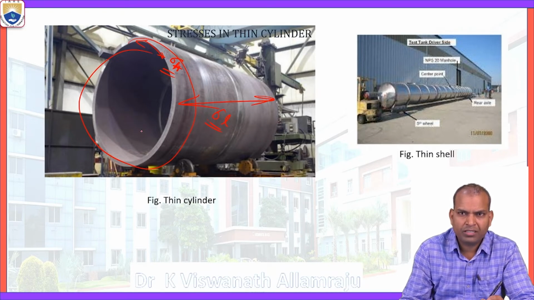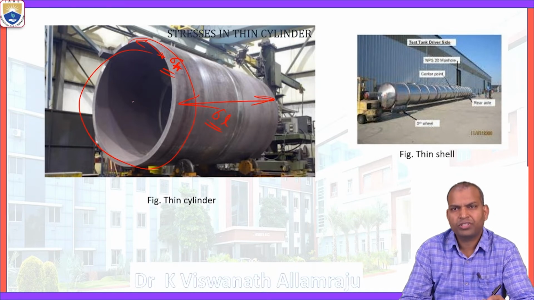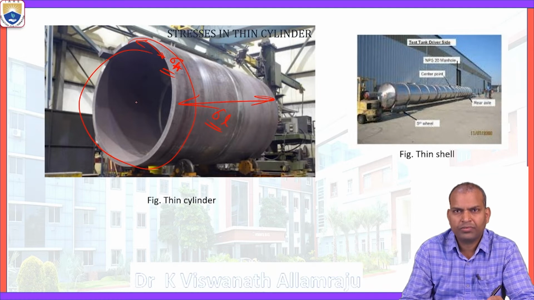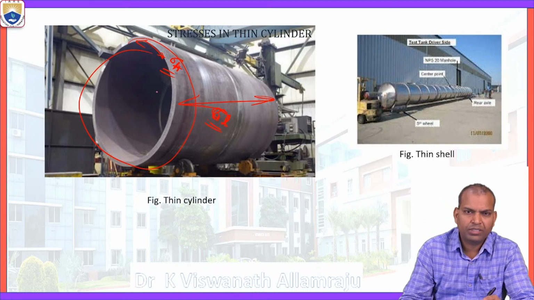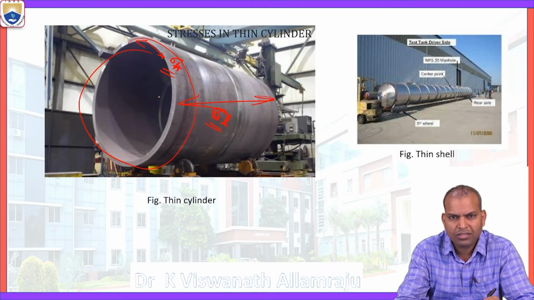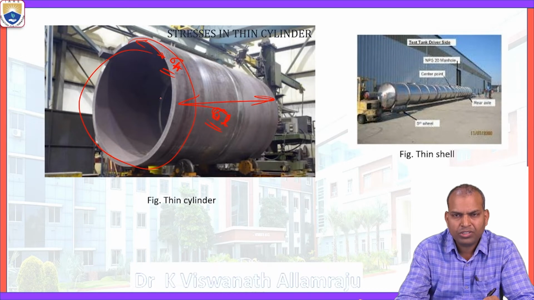The material should not be wasted and should be utilized properly. At the same time, the shell should withstand the hoop stress and longitudinal stresses under the fluid pressure. The fluid can be a liquid and also gases. That's why these should withstand.